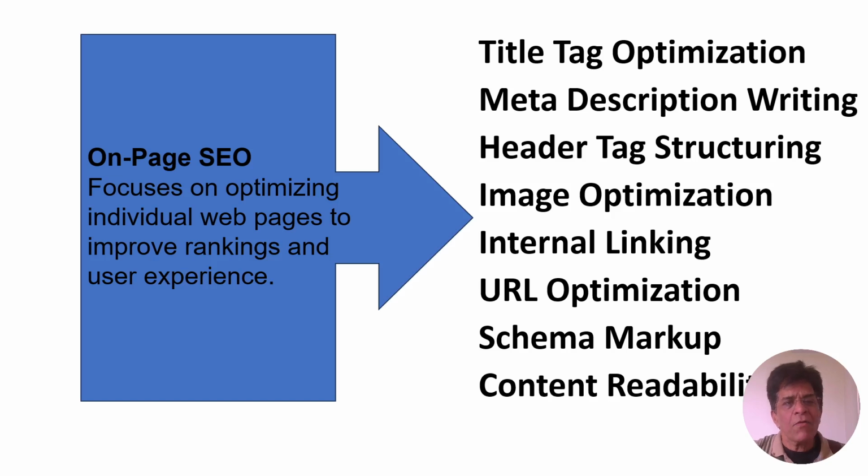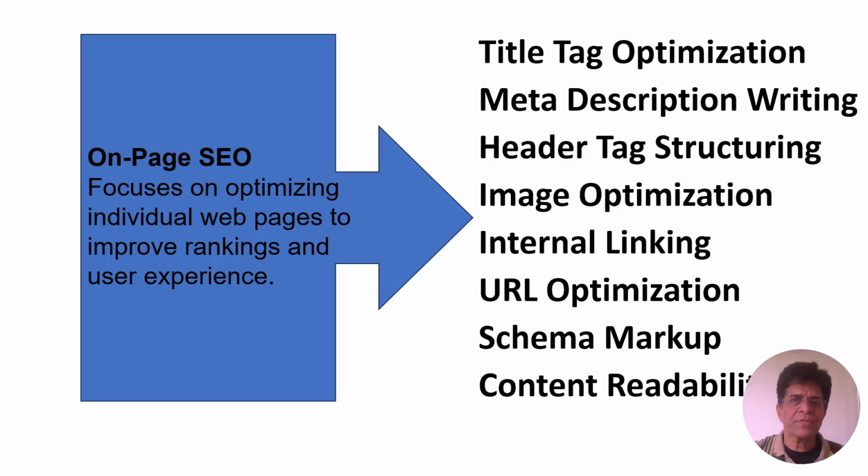What is on-page SEO? On-page SEO is mainly focusing on the web pages. A website will have a number of pages, and for every page we have to configure the SEO. It is only to ensure that ranking is happening in our search engine. What is it that we need to ensure? The important parts are title tag optimization. Our title, the heading of the website.